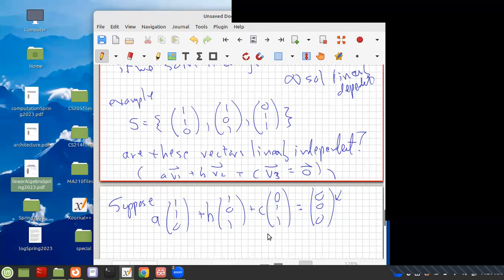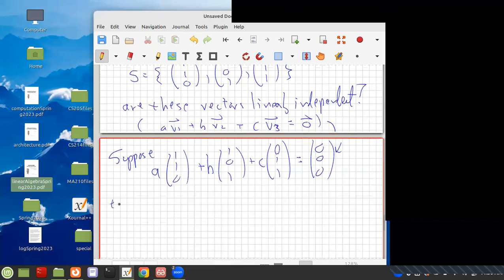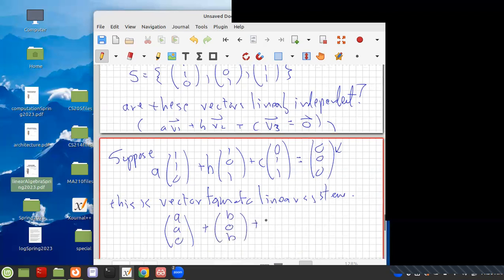Well, this is the vector form of a linear system. So let's just review that. If I multiply it in, I'm going to get A times 0 plus B times 0 plus 0 times C equals 0, 0, 0.